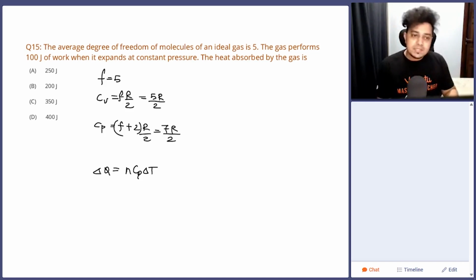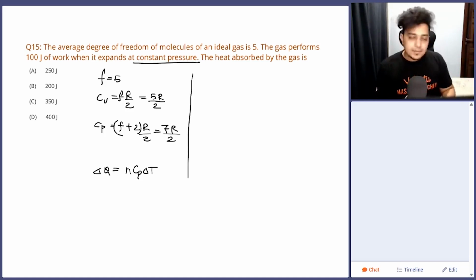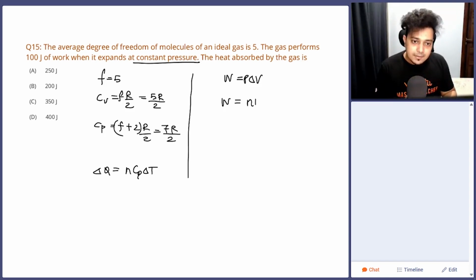The work the gas performs is given to us, and that work is happening at constant pressure, right? So work done when the pressure is constant is P dV. Now P delta V can also be written as nR delta T, since PV is equal to nRT.